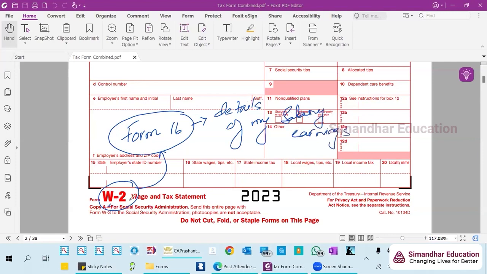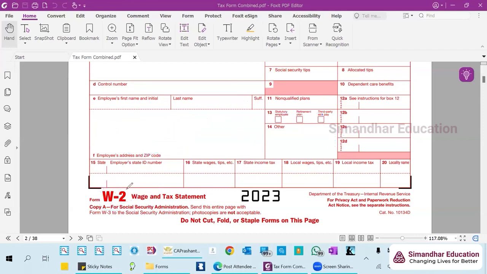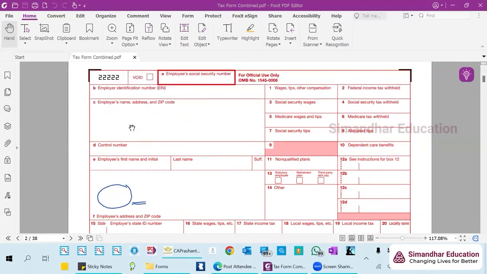Likewise, W2 is also about wages. W2 is all about what the wages of the employee are. The most important box that we need to take care of is box 1, which says wages, tips, and other compensation.